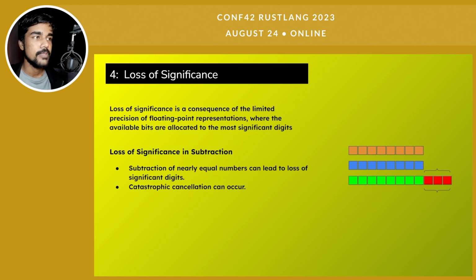So it can take place, let's say, due to nearly equal numbers, like if they're being subtracted, and hence the cancellation or the difference can be completely lost, resulting in something which is not very precise. As you can see in the illustration on this slide, we have two different bit blocks.